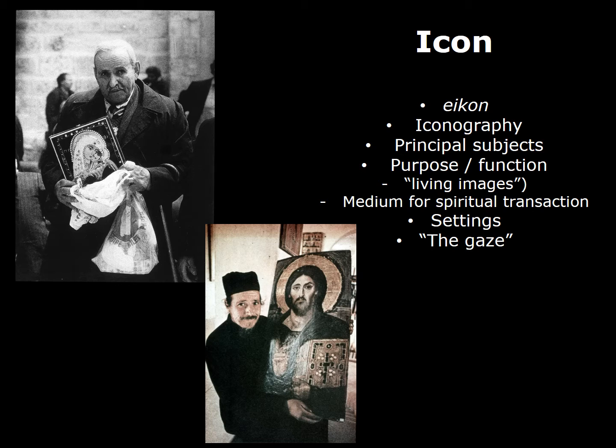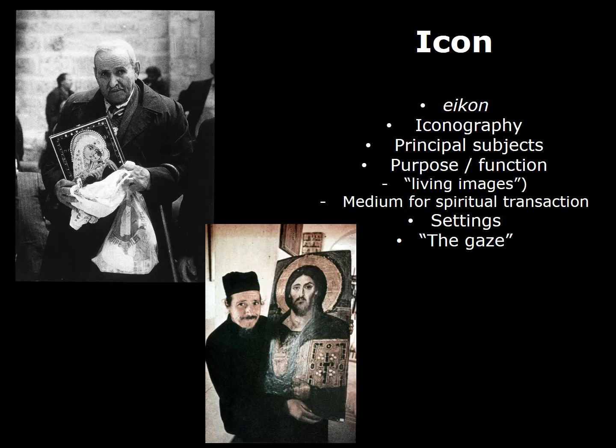Okay? Now, the settings of these icons, where were they? Well, public and private spaces. In the public space, we find them often in church buildings, and they would light a candle in front of it, they would burn the incense, all of this as part of the divine liturgy. In private spaces, they were in people's homes, and different kinds of rituals would also take place.